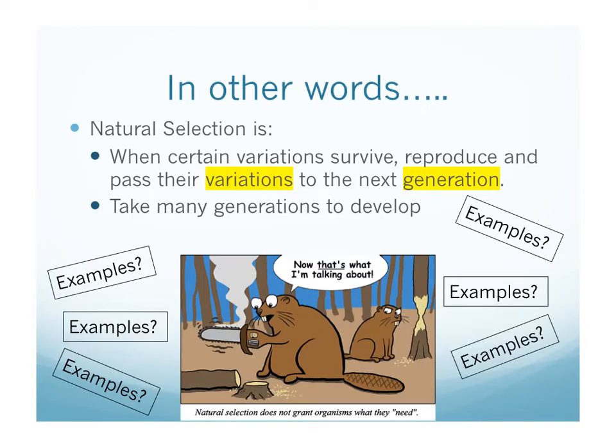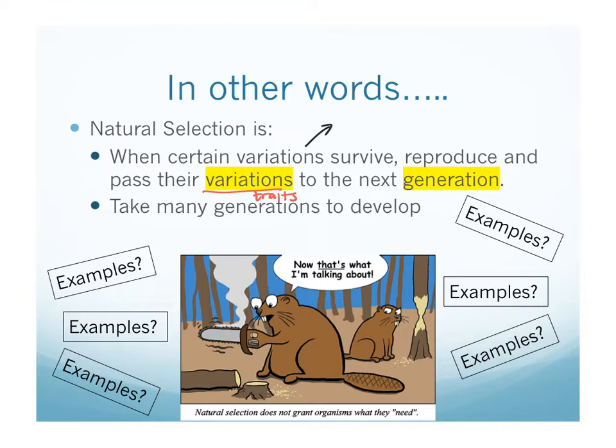So we have to remember that natural selection is we see variations in the population. They survive, they reproduce, and they pass their variations or traits to the next generation. And it takes many generations to develop. Okay, so if we think about a variation in the peppered moth lab, the peppered moth had two variations.